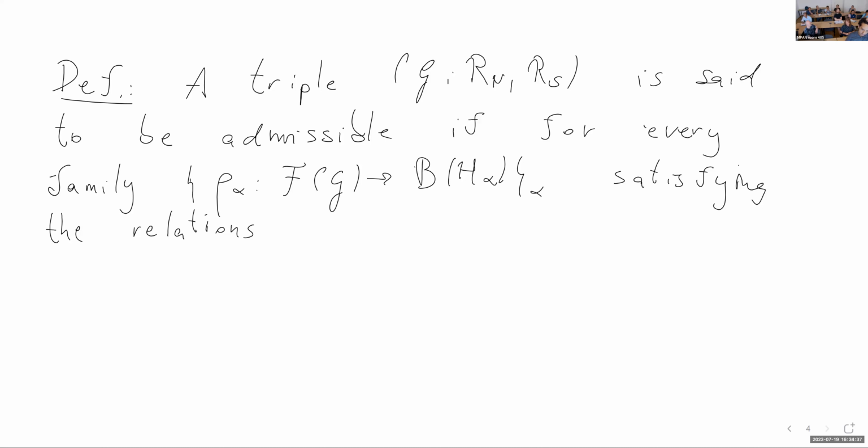So you can consider some net x1, x2, x3, and so on. This is one net. And then you can consider something which looks similar, but your indexing set would be formally different.